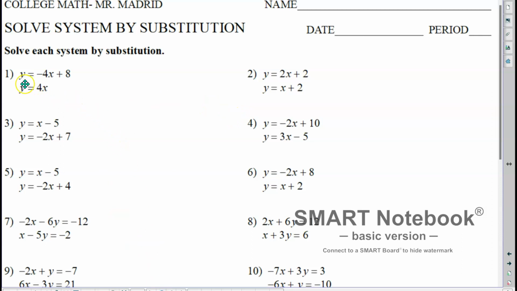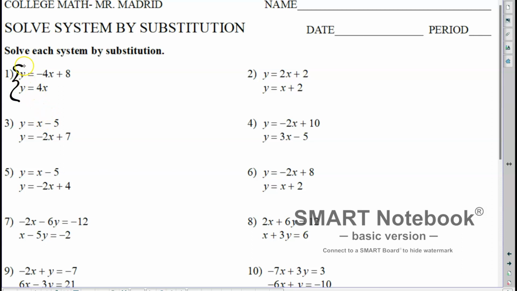So, not to get too messy, let's start off with good old number one. I think you're going to like this in certain cases better than elimination, but only because the problems are set up a little easier. Here we have y equals 4x.